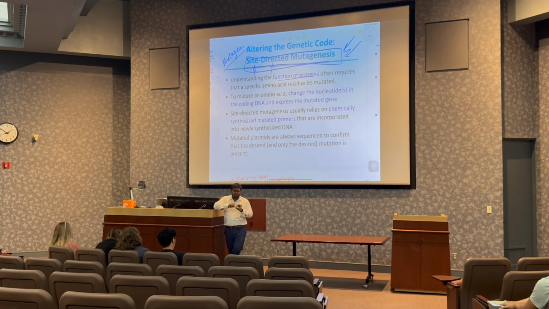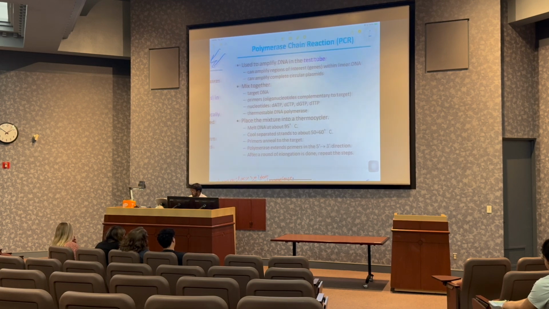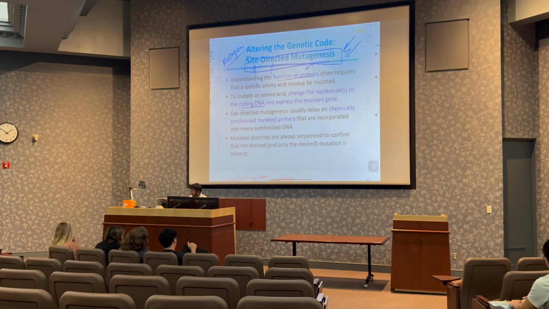If this is a protein responsible for calcium transport, and you mutated the gene coding this protein, your calcium transport will be affected, and that's how you know this is the particular function of the protein. So site directed mutagenesis is helpful in determining the function of the protein, and if you change the nucleotide of the coding DNA, the expressed protein has to change.